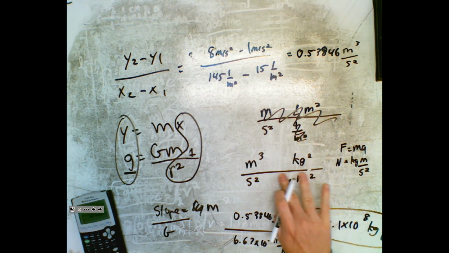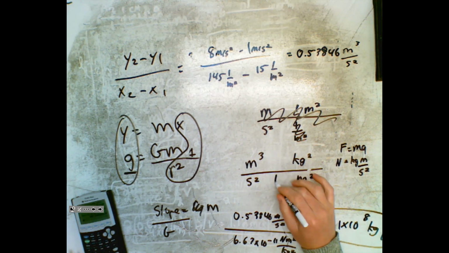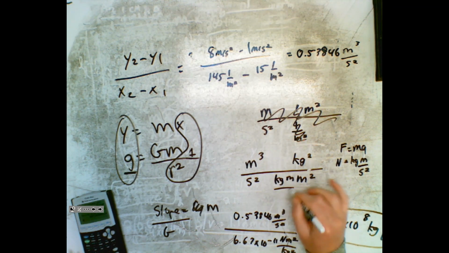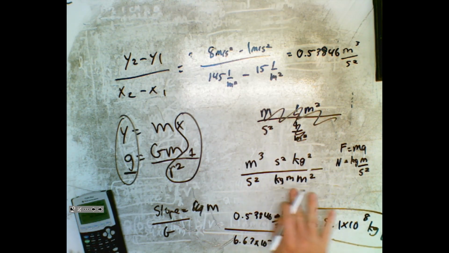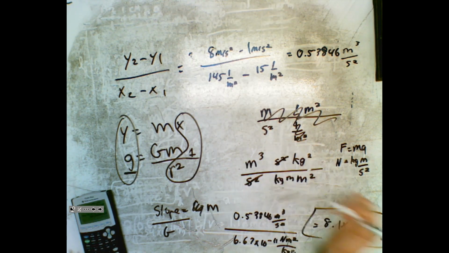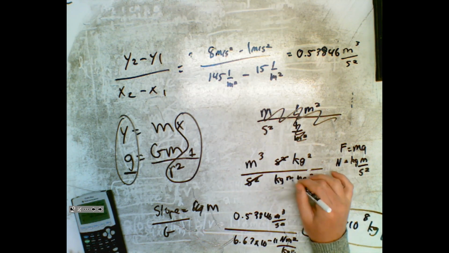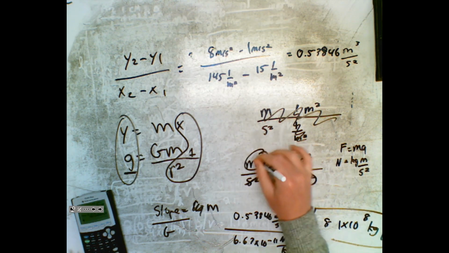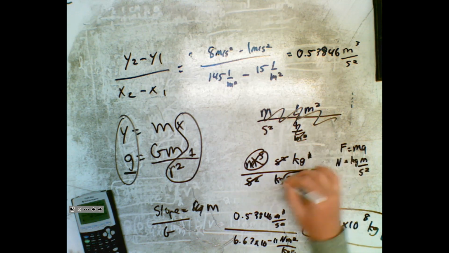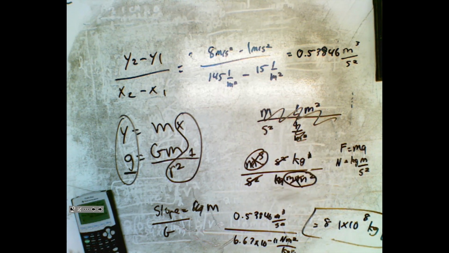So instead of writing a Newton, I can write a kilogram meter per second squared, and I can move the second squared up top like that. Second squared cancels out. We have meters cubed, those will cancel out. Kilograms, and that's why we end up with kilograms. Okay, so hopefully that went okay.